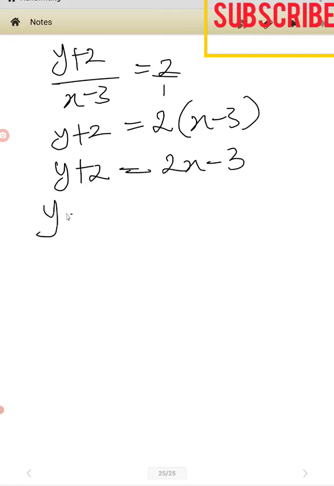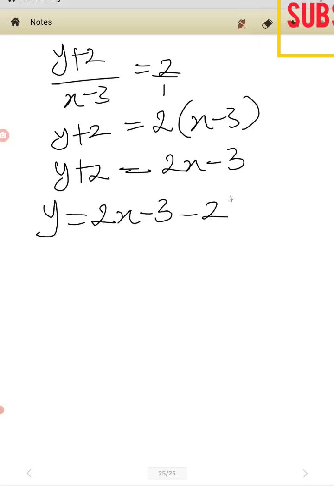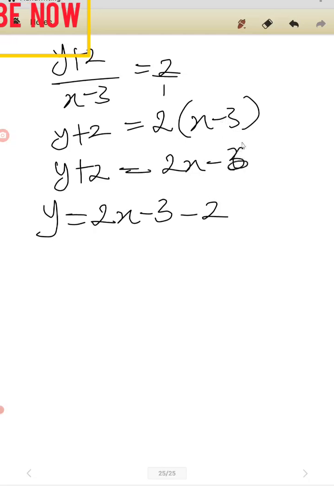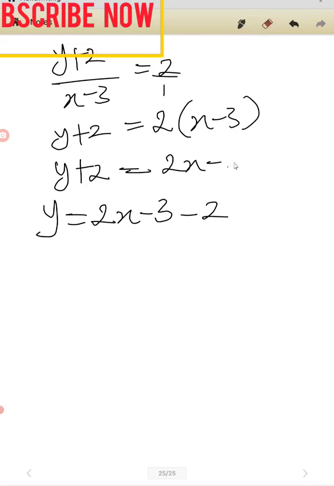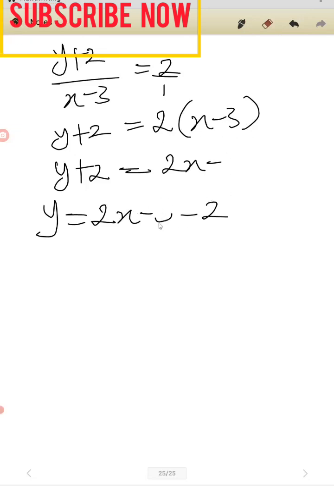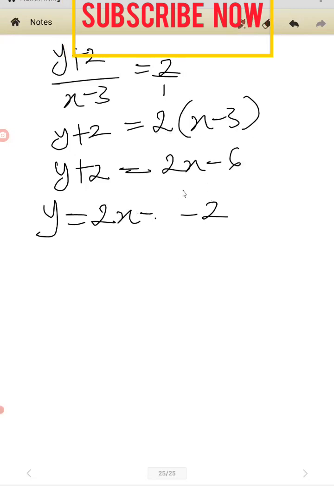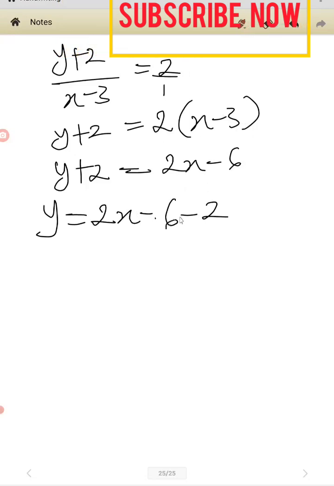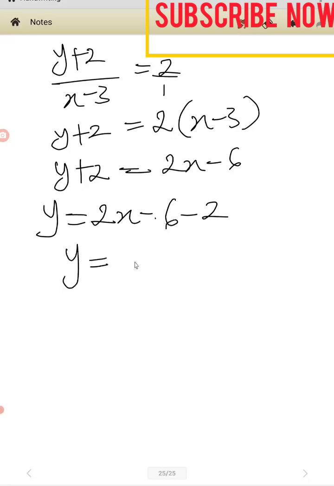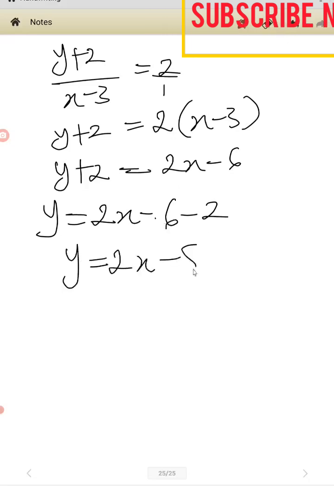We have y is equal to 2x minus 6 minus 2, because 2 times 3 will give us 6. So meaning that y is equal to 2x minus 8.